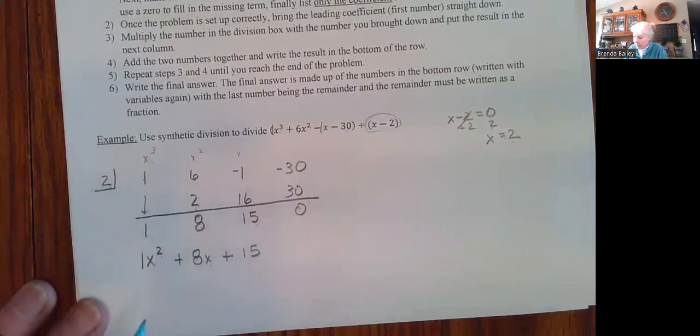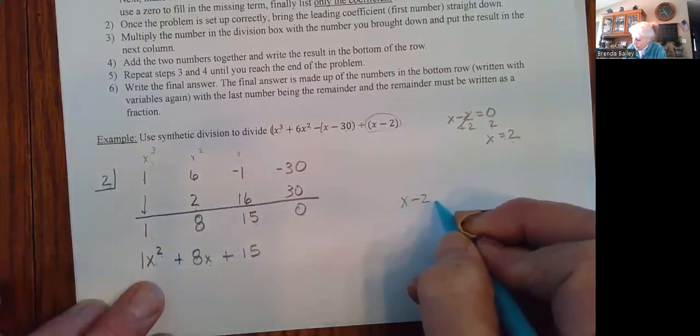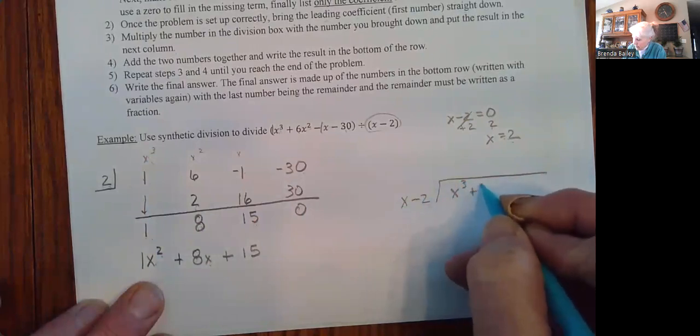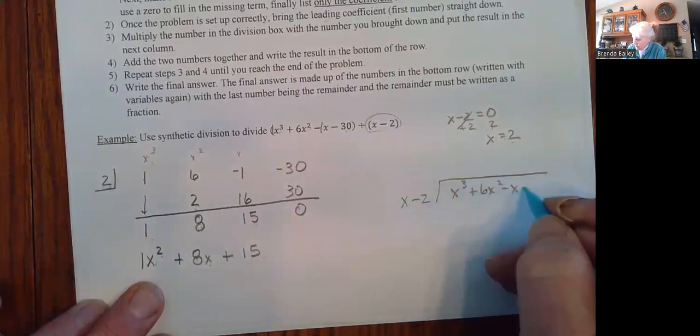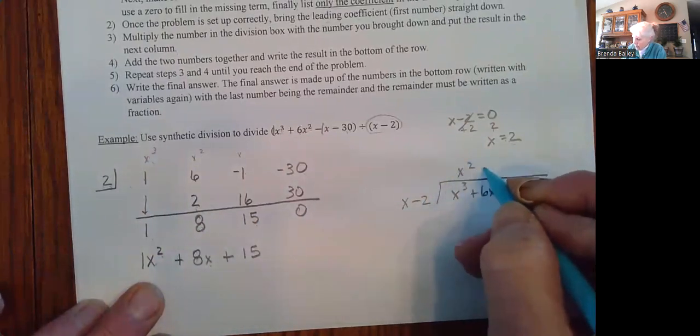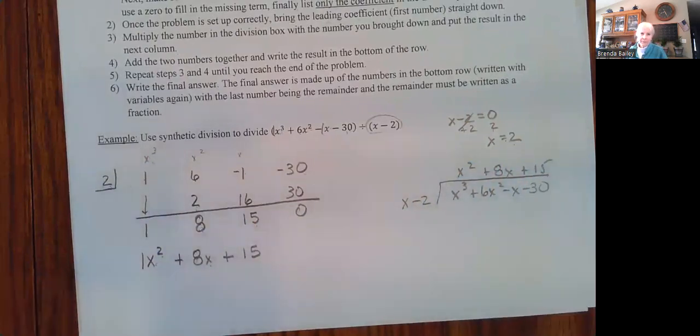What does this mean? That if we had used long division, x cubed plus 6x squared minus x, if we would have gone through the process, we would have had x squared plus 8x plus 15. Okay. All right, so it's another method.